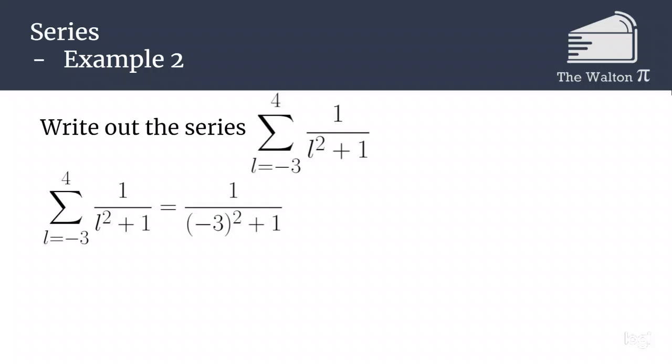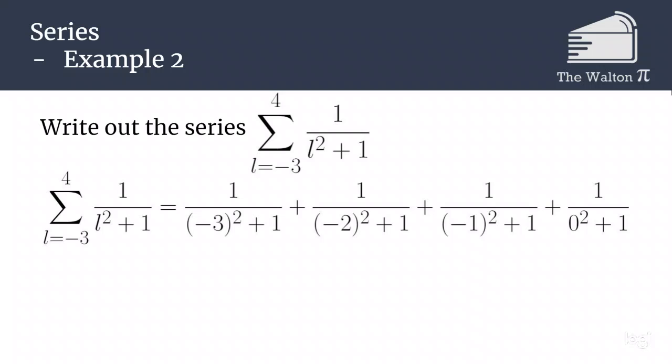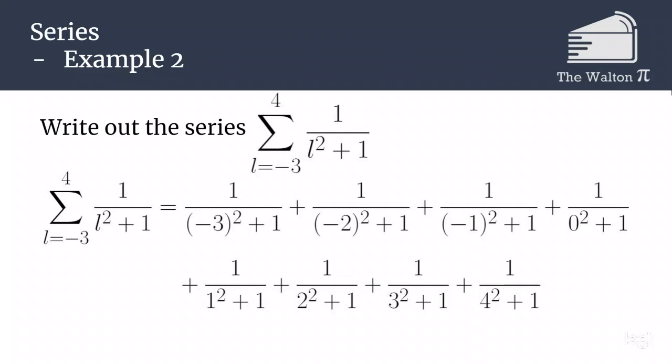So increase negative 3 by 1, we get negative 2. Then we add the negative 1th term, the 0th term, the 1th term, or the first, but it's not the first one, so I'm going to call it the 1th term, the 2nd term, and the 3rd term, and then the 4th term. And this is where we stop, because 4 is the number to stop at.